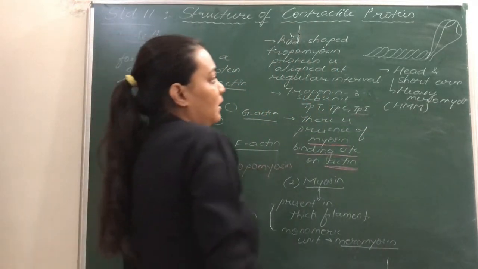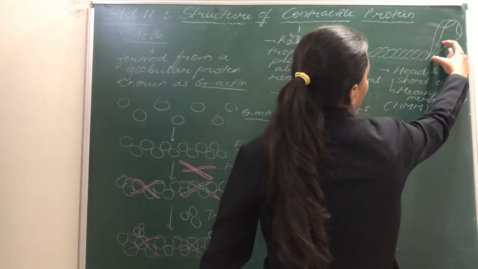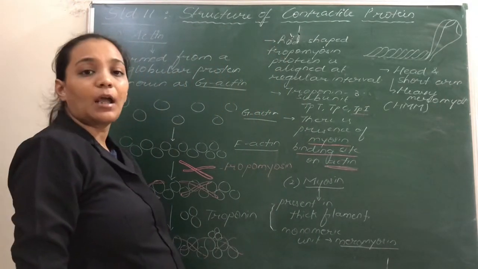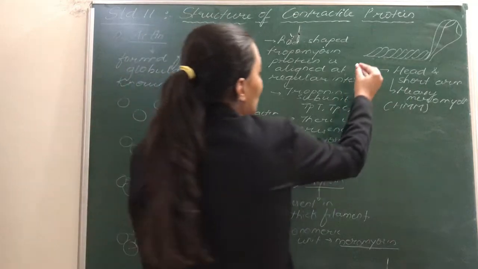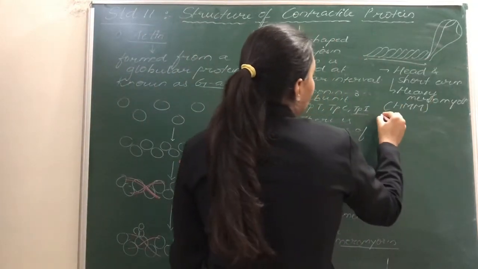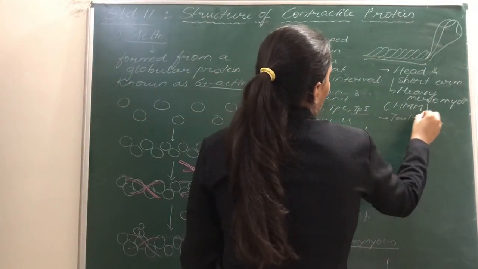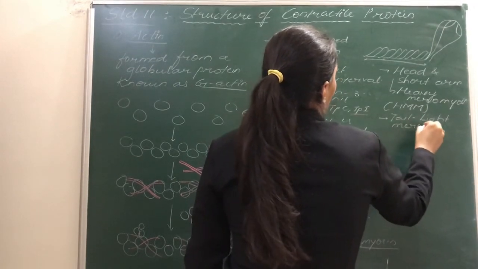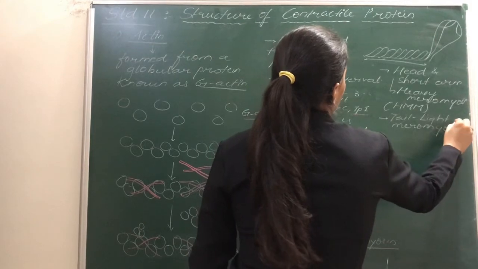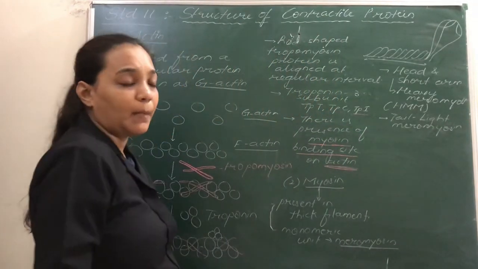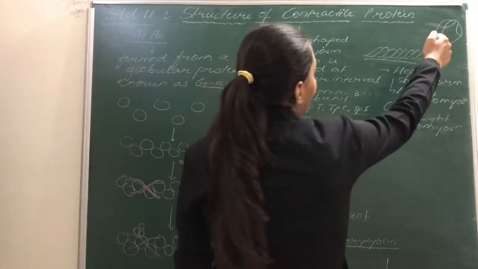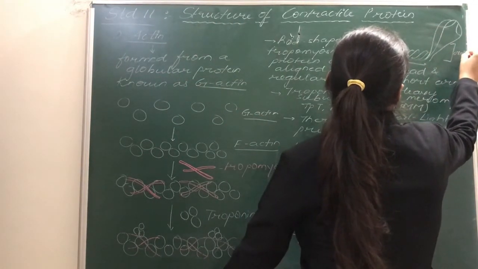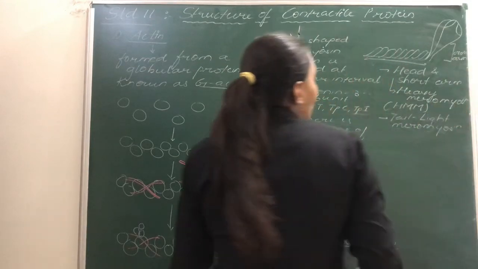This is the head part and this is the short arm. The head and short arm make up the heavy meromyosin, whereas this region is the tail, which is the light meromyosin. The head part and the arm part are collectively known as the cross arm.